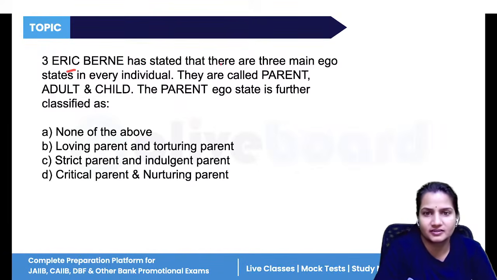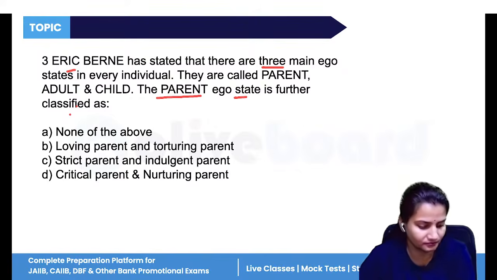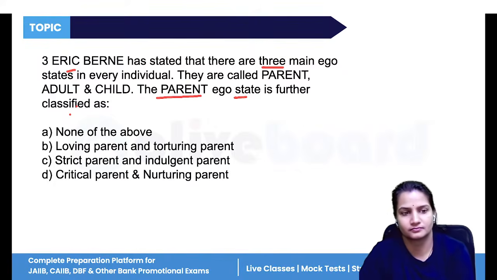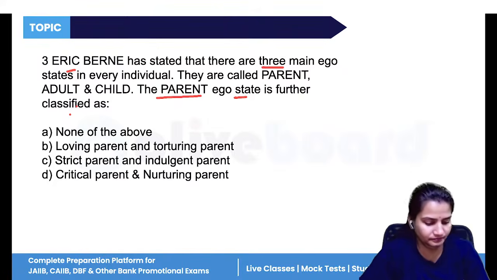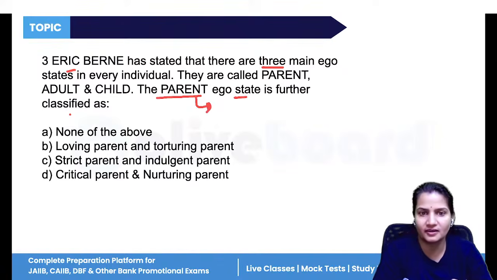Now, Eric Berne stated that there are three main ego states: the parent, the child, and the adult. Now, how is the parent ego further classified? Sometimes we act like a parent, sometimes like a child, and sometimes like an adult. So this ego is further classified into a critical parent and a nurturing parent.